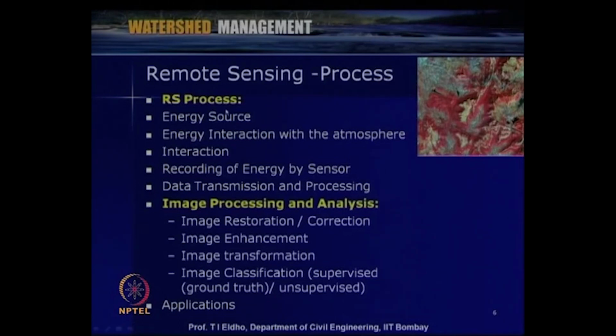First, the remote sensing satellite should be there, and then that satellite sends certain signals, for example with respect to the solar heat which is reflected, or the infrared region, whatever it is.